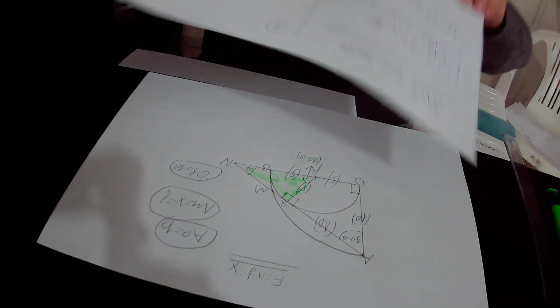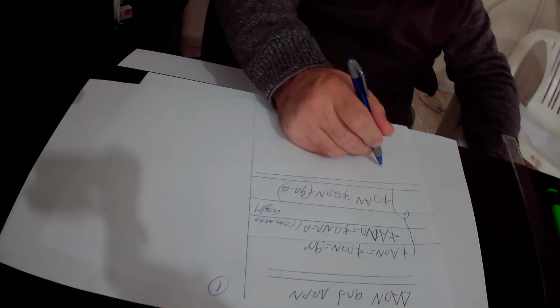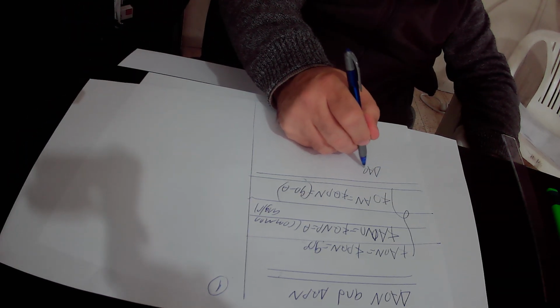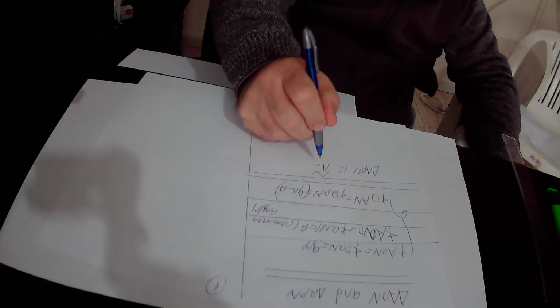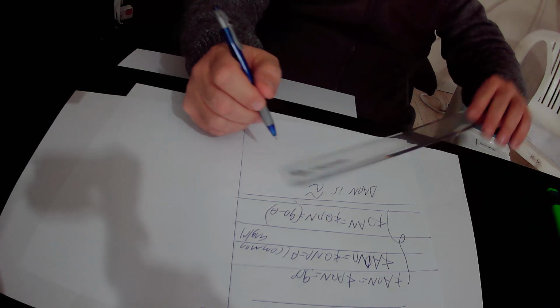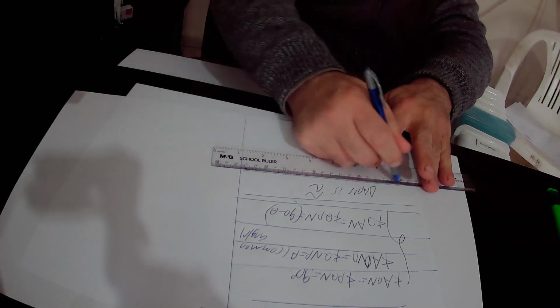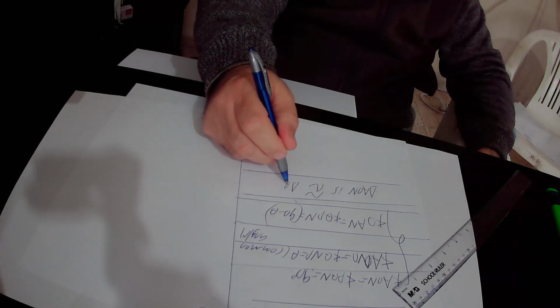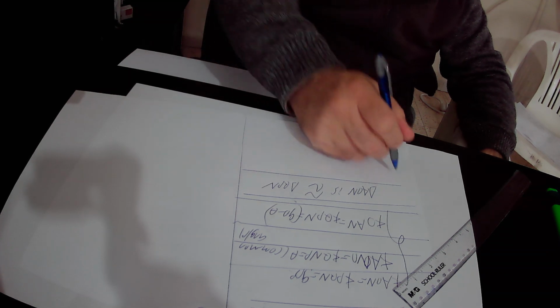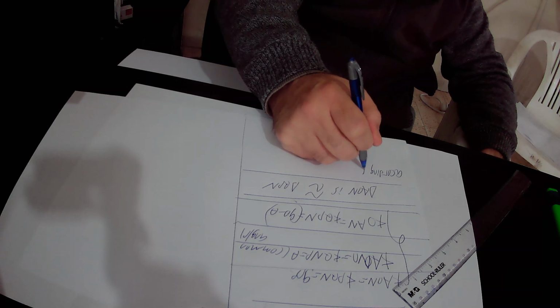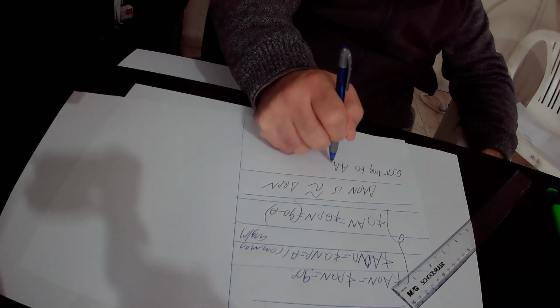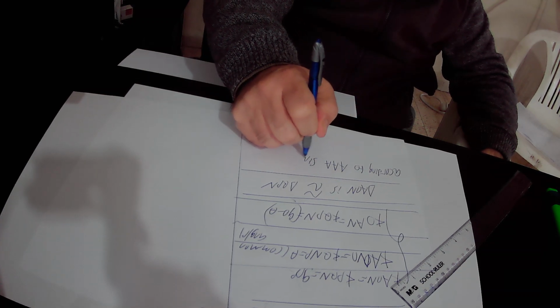We proved that the big triangle AON is similar, this is the sign of similar, to the small green triangle QPN according to the angle similarity rule.